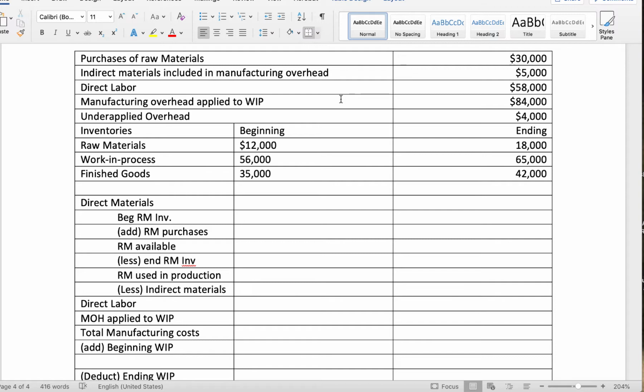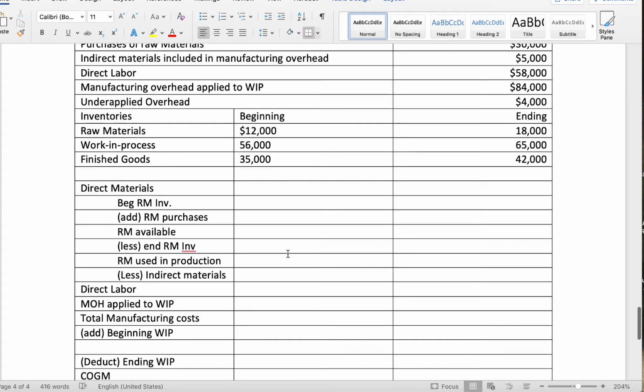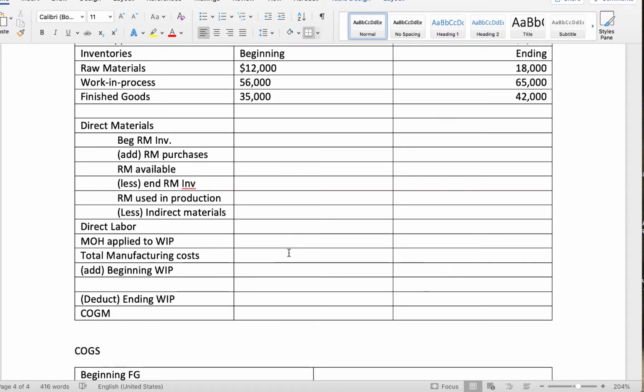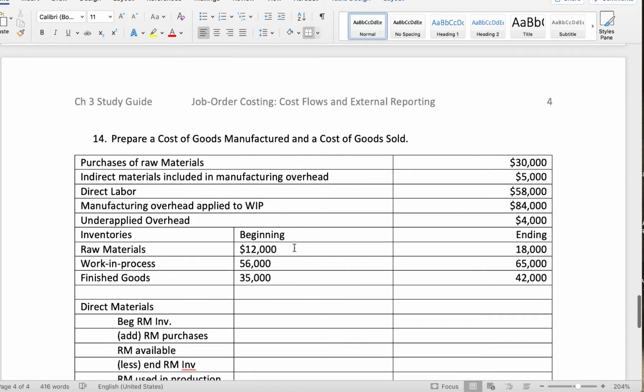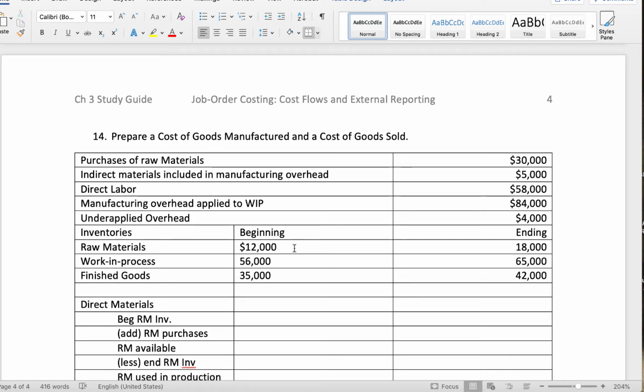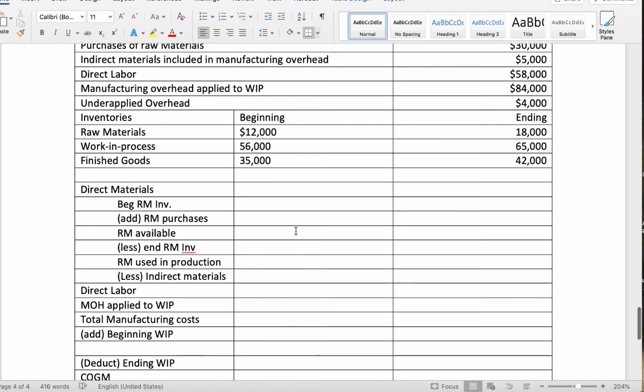The first thing we have to get is our direct materials. I need to figure out how many direct materials I used in production. You might say, go back to the other problem. Well, these are two different problems. That'd be too easy if I kept all the information the same. So what is our beginning raw materials inventory? It's $12,000, taken from the information given.